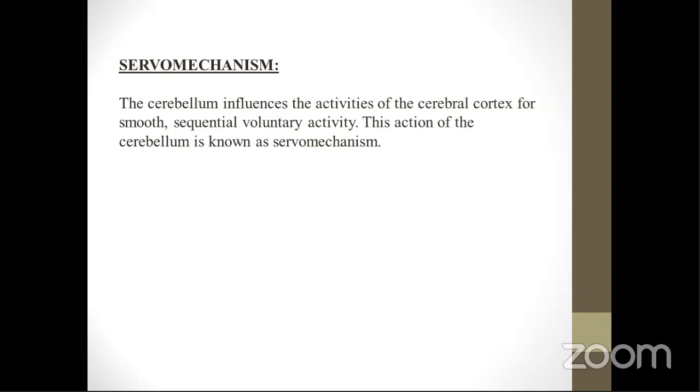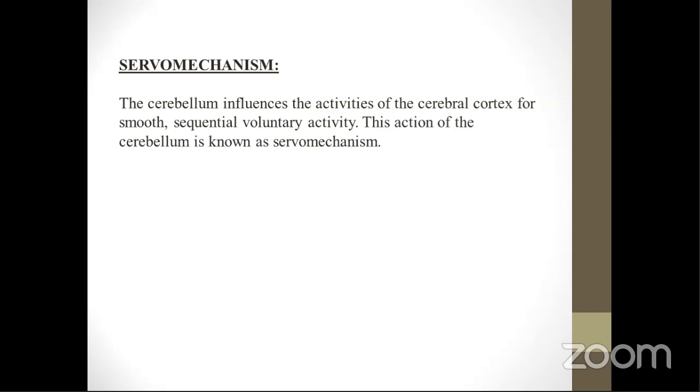One commonly asked question in the viva: what is servo mechanism? The cerebellum influences the activities of all the cerebral cortex for smooth, sequential, and voluntary activity. It has inputs from all parts of the cerebral cortex, and accordingly the voluntary activity will be planned.